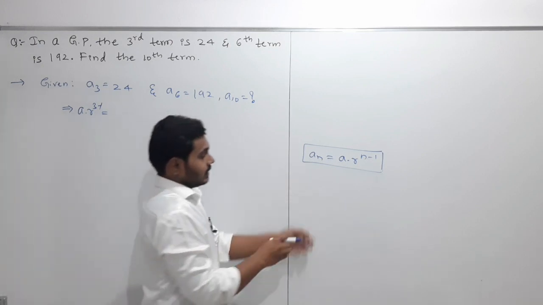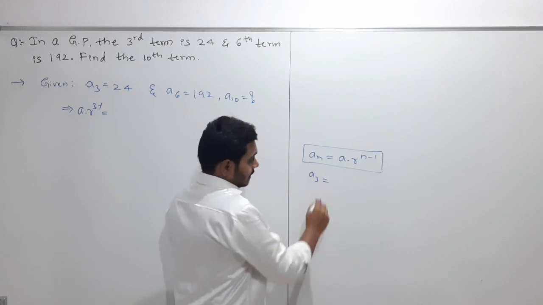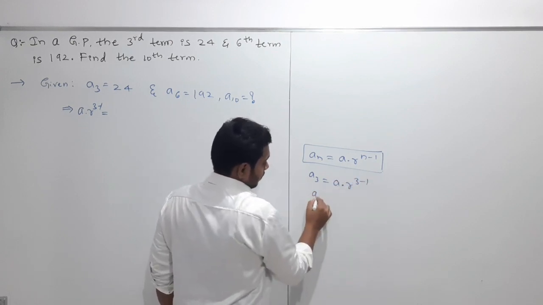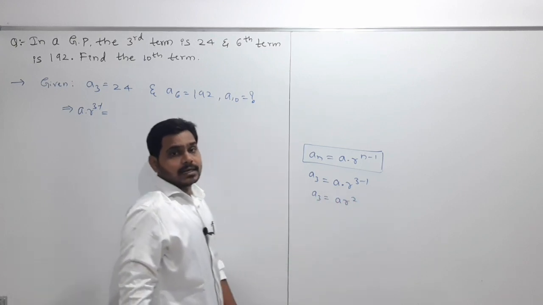Here n value is 3, so substitute n equals 3. a3 is equal to a into r to the power 3 minus 1, so a3 is equal to a into r square.